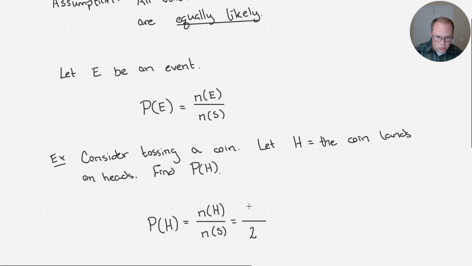Well, there's only one way to do that, that is, the coin actually lands on heads. And so using this formula, we get the probability that we expect. There's one way to land on heads out of 2 possible ways that this coin could land, so we get 1/2, or 0.5, 50%. There's a 50% chance this coin lands on heads. Good. So that confirms our formula, because we're getting the probability that we expect.